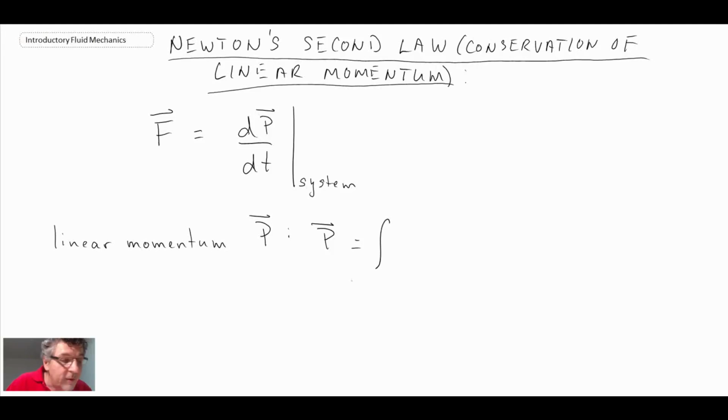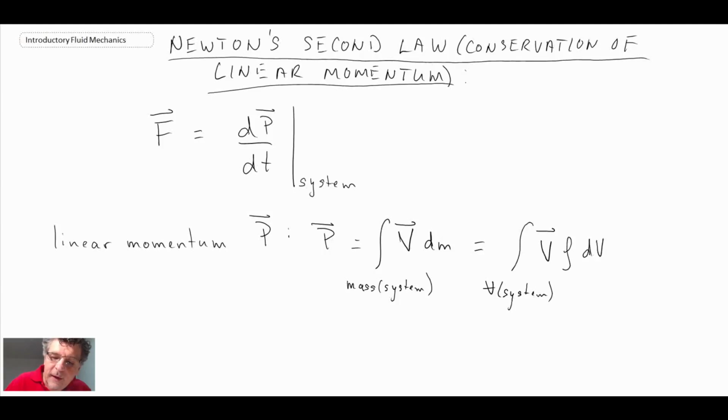So the way that we would determine that is we could integrate the mass of our entire system. Instead of being just dm, it's going to be the velocity times dm. And this could also be expressed as being a volume integral across the entire system. And again, the velocity and then the mass is replaced by rho dV. So that is Newton's second law, or conservation of linear momentum. That's another one of the laws that we will be using.